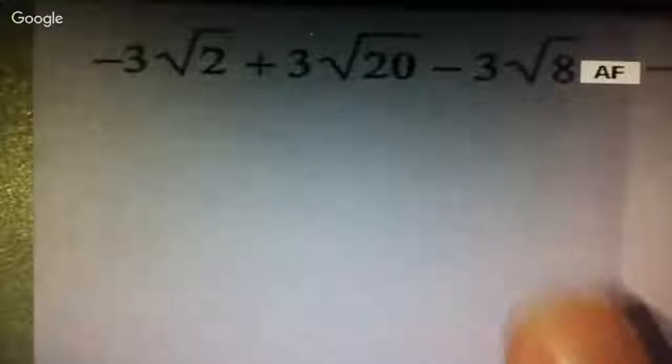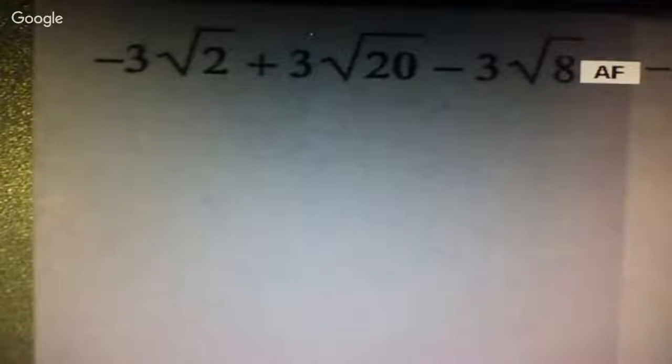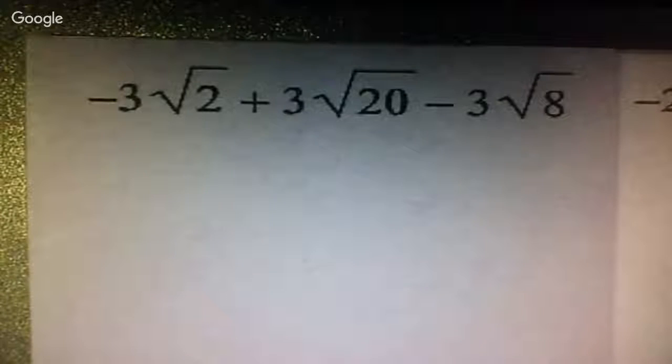All right, guys. Adding and subtracting radicals. Here we go, my friends. If you open it up, my first problem's on the left. So we need to simplify each one of these.